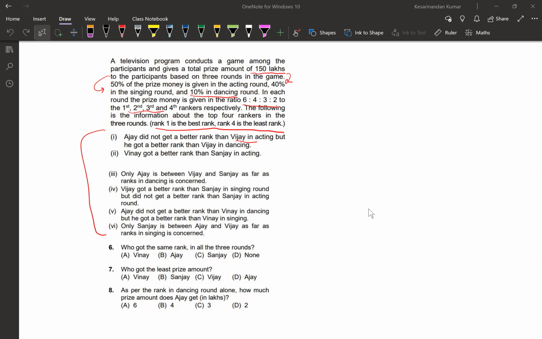Uttam, please recheck your second one. Yes, Aswik, it's correct now.